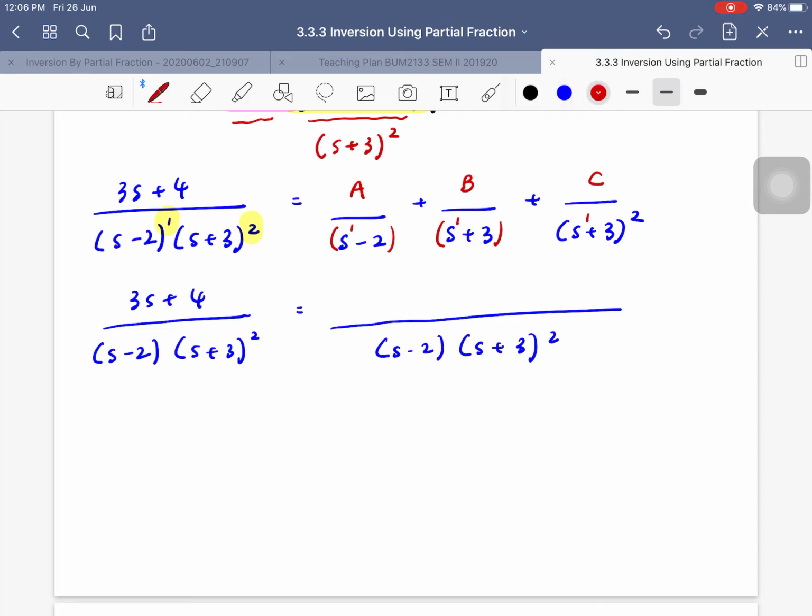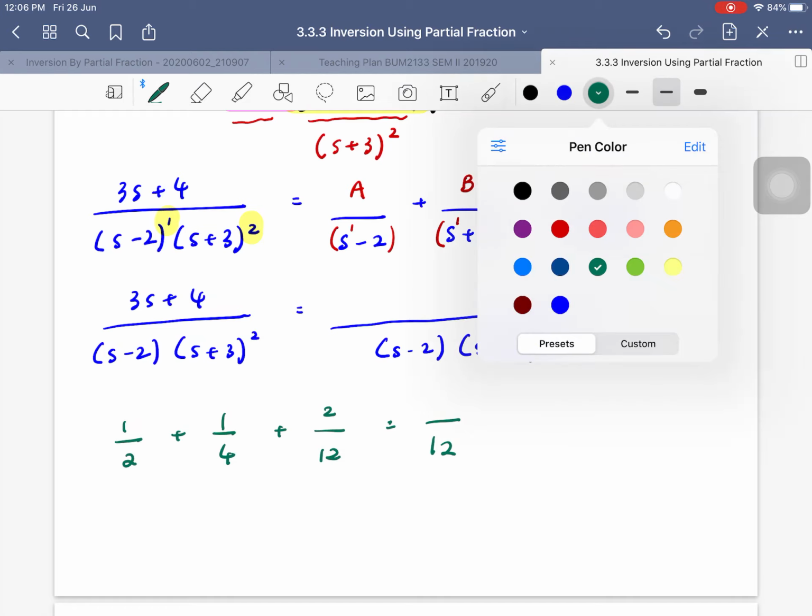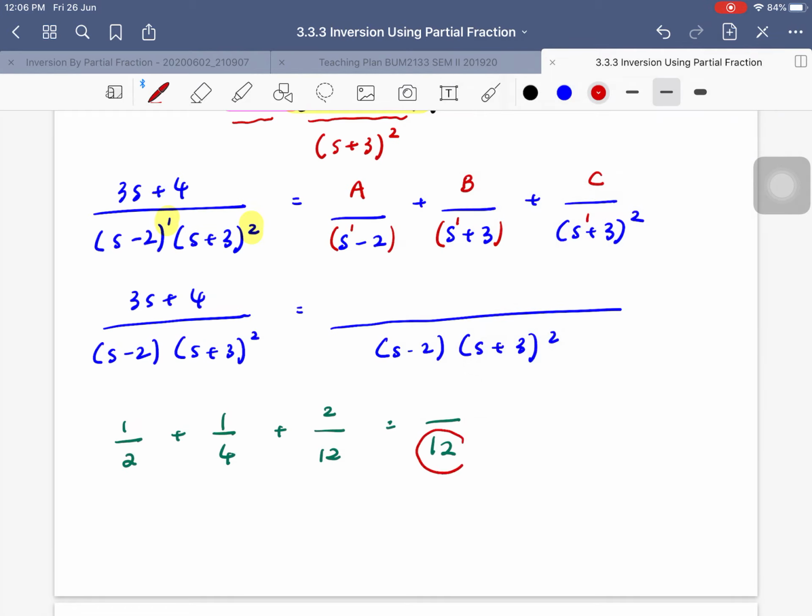The idea is going to be something like this. For example, let's say I have 3 fractions: 1 over 2 plus 1 over 4 plus 2 over 12, and I'm going to make the whole thing over 12. So I'm going to multiply the numerator and the denominator so that the denominator achieves a value of 12.